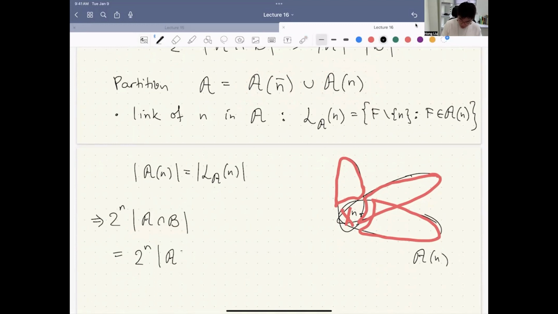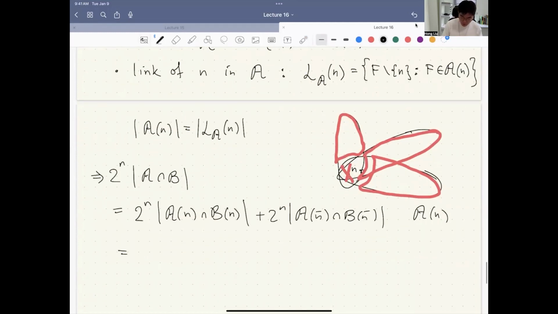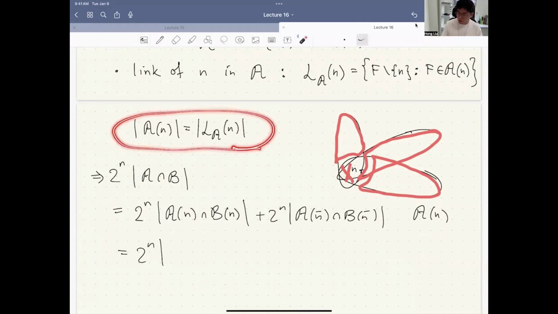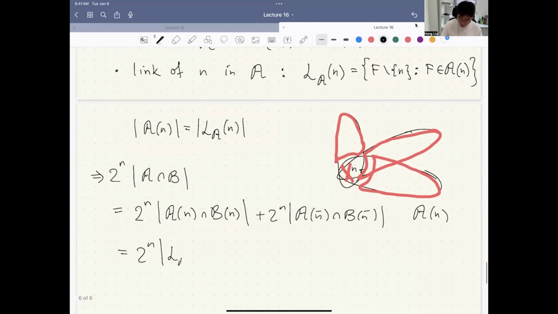So this equals the size of A_n intersect B_n plus 2 to the n times the size of A_n bar intersect B_n bar. Remember we built a one-to-one correspondence between A_n and the link of n, just with n removed. So this is the same if we replace it with the link: the link of A_n intersect the link of B_n, plus 2 to the n times A_n bar intersect B_n bar.